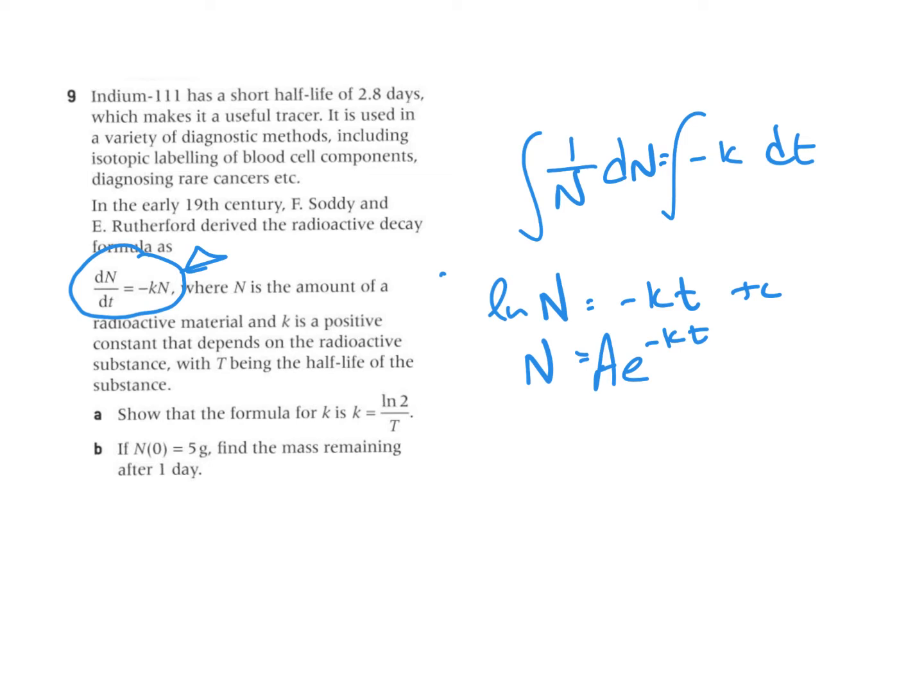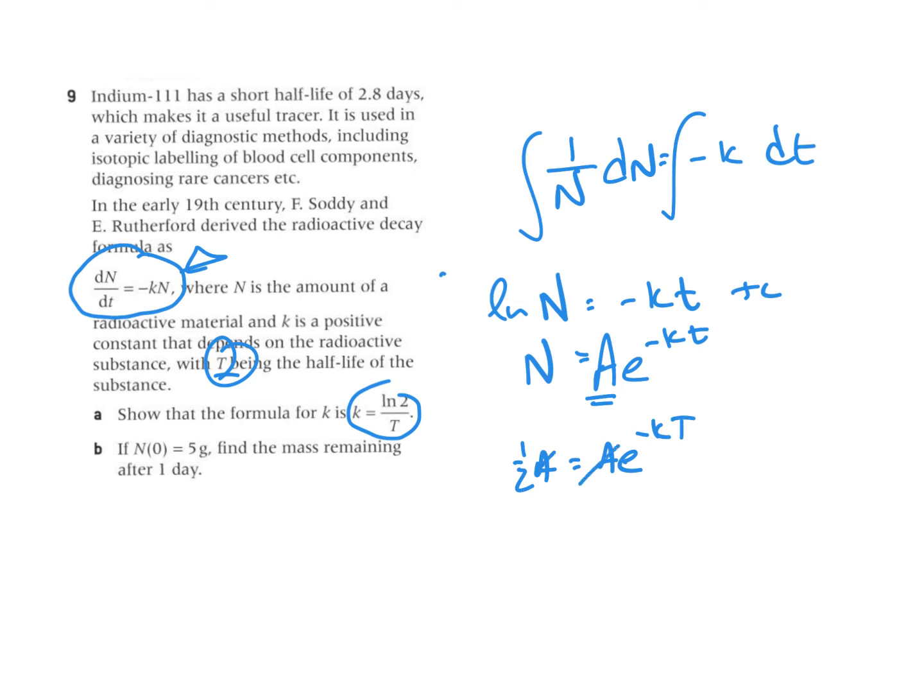Now, show that the formula for k is this particular thing. Well, I know that capital T is the half-life of the substance. If I start off with A, half of it is going to be half of A is equal to A e to the minus k T, where capital T is the length of the half-life.